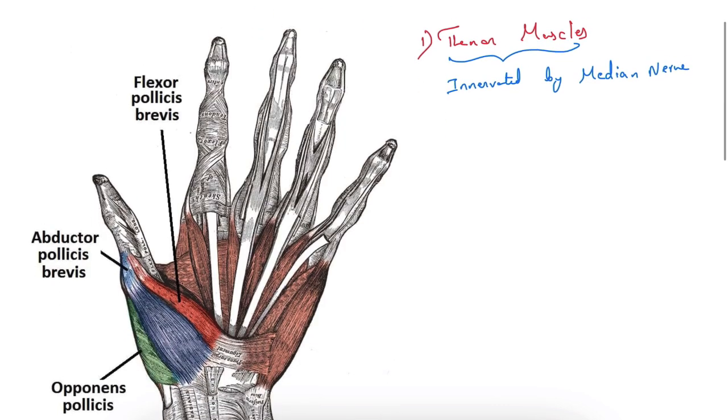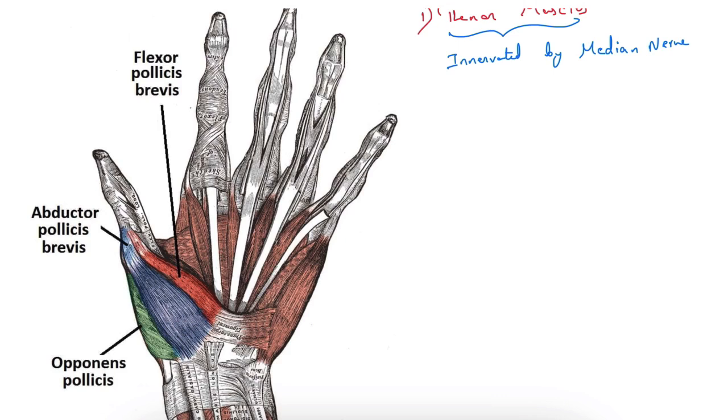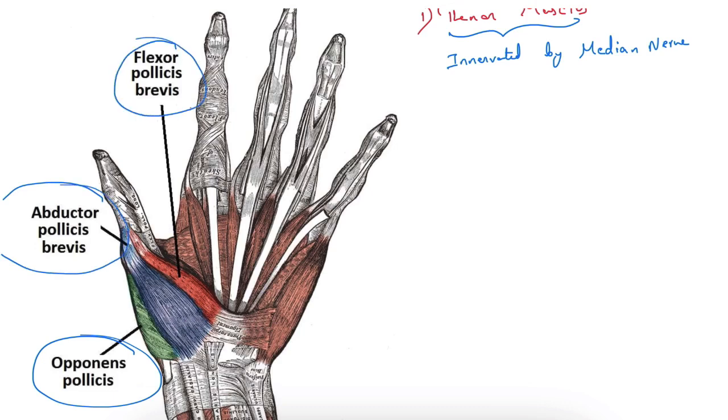In this group we can see 3 types of muscles. First one, opponens pollicis, abductor pollicis brevis, and flexor pollicis brevis.